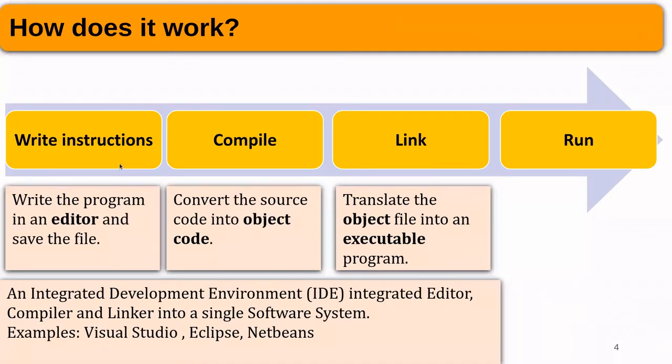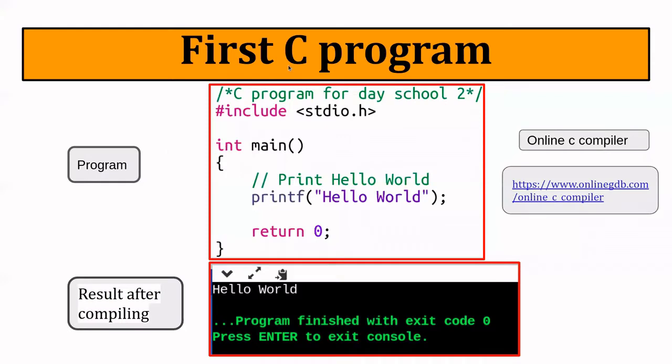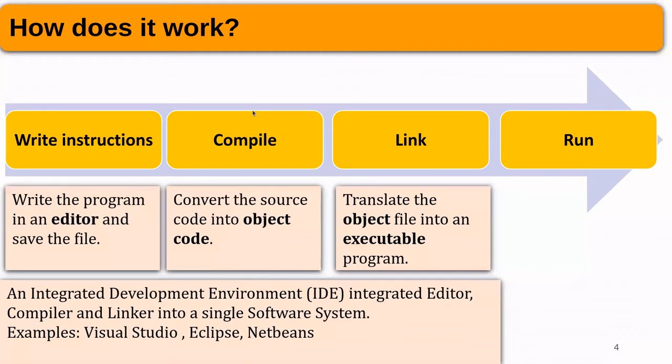Now, what is a compiler? Earlier, this was the C editor. You can write your program here, and this is called an editor. But these programs can't be understood by the computer.